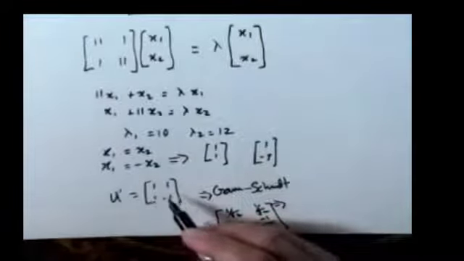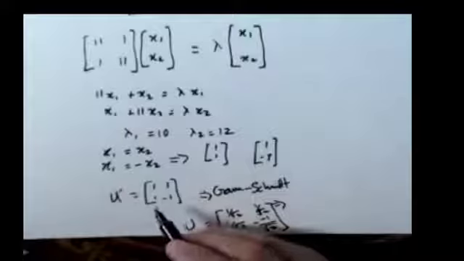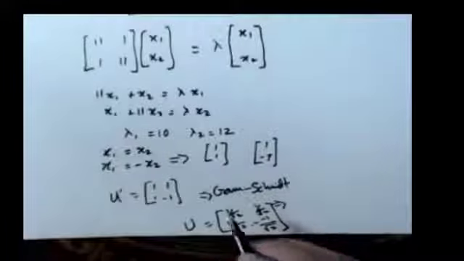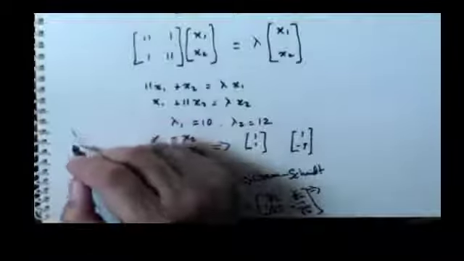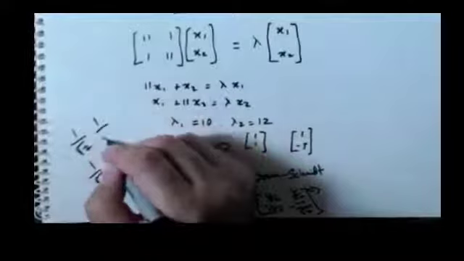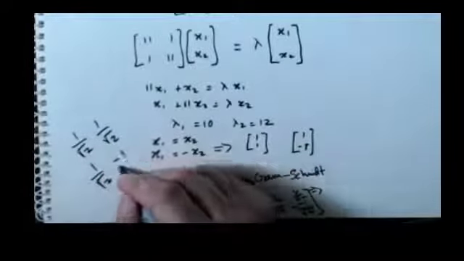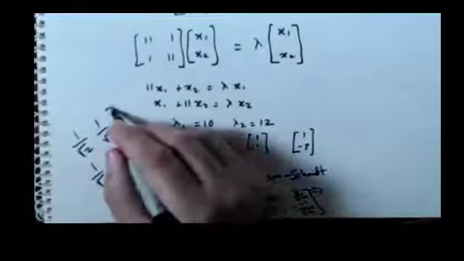So you project this vector onto this vector, and that's how you apply the Gram-Schmidt procedure. I'll explain those steps in a bit, but if we follow those steps, we end up with this U. Let me write it more clearly over here. This is 1 over under root 2, 1 over under root 2. This is 1 over under root 2 again, and minus 1 over under root 2. So this is a 2 by 2 matrix, and this is my U.